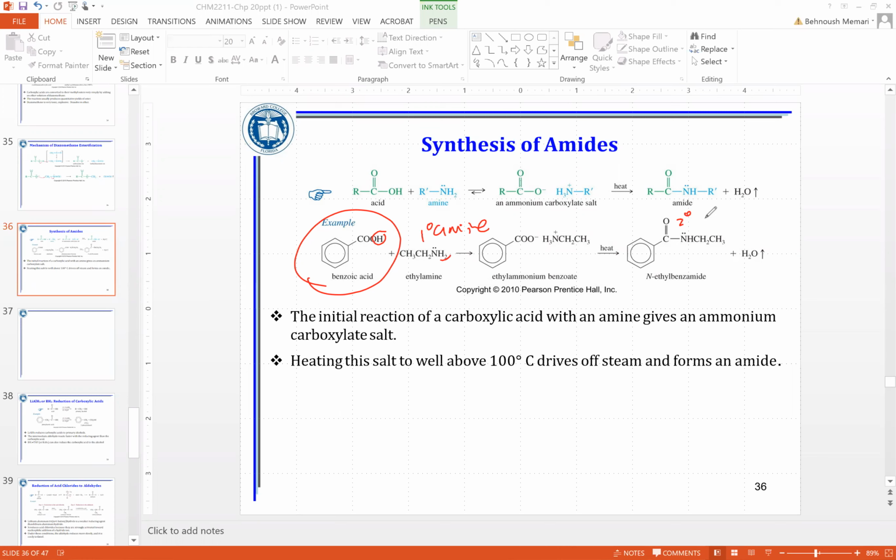So this is a secondary amide. I'm not talking about the mechanism of the reaction, but overall, hydrogen from the nucleophile with the leaving group gives us the byproduct. The byproduct would leave, and then the rest of the nucleophile is going to form a bond with the carbonyl group. So we have a secondary amide coming from carboxylic acid plus primary amine.